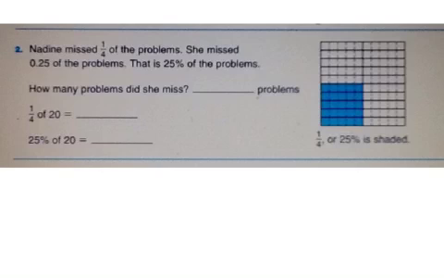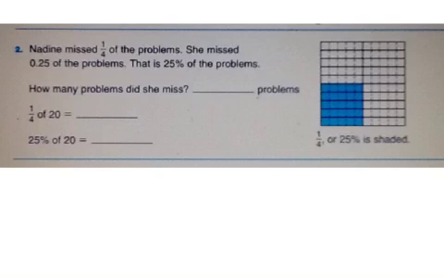Nadine missed a quarter of the problems, or 1/4 of the problems. She missed 0.25 or 25 hundredths of the problems. That is 25% of the problems. How many problems did she miss? I want you to think of what is a quarter of 20.